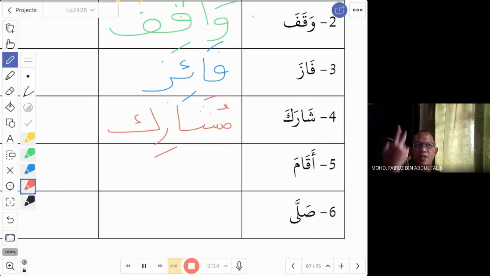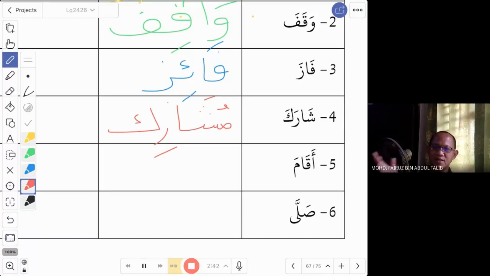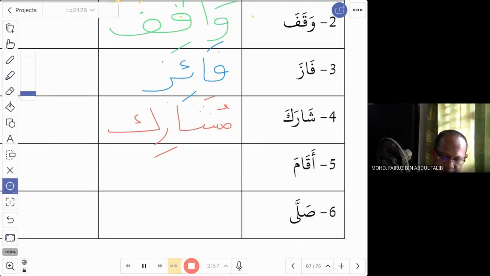Number 5, aqama. Aqama can mean two things. First, aqama is to stay in a place. You say aqama al-Madinah, he stayed in Madinah. Or another meaning is to perform something. For example, you say aqama salah, to perform prayer. So it depends on the sentence that you form afterwards. So what is the mudari of aqama?